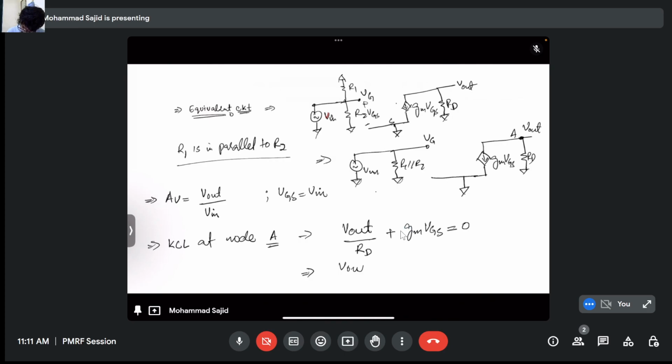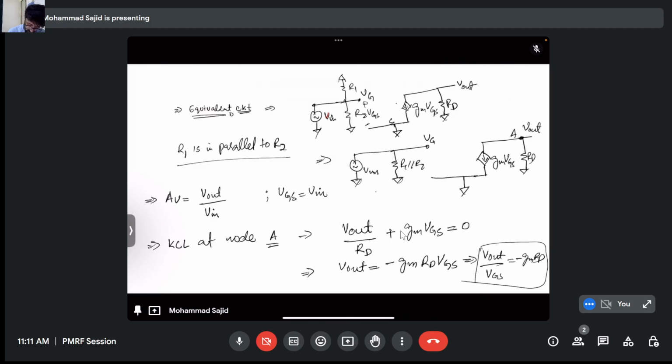So we can write V output as minus gm RD VGS, or V output by VGS is equal to minus gm RD.